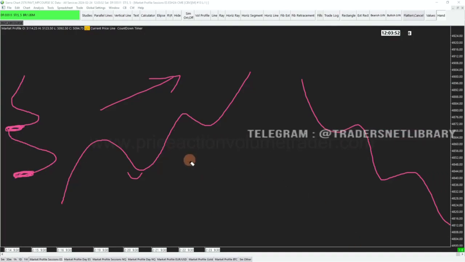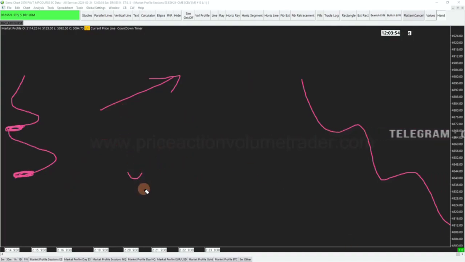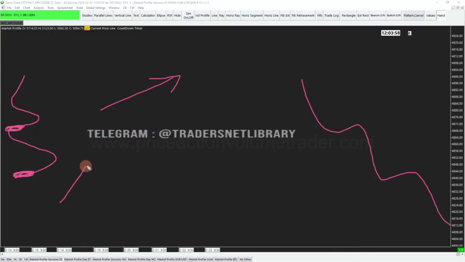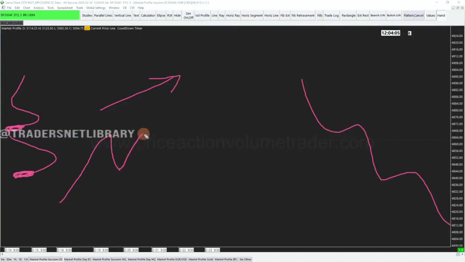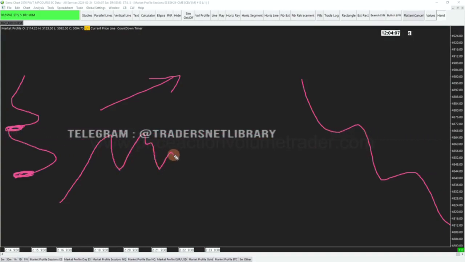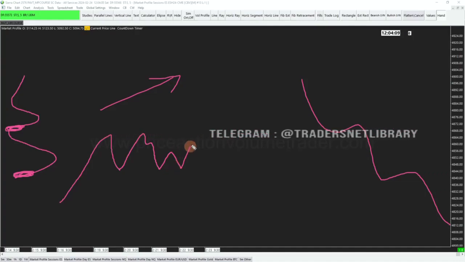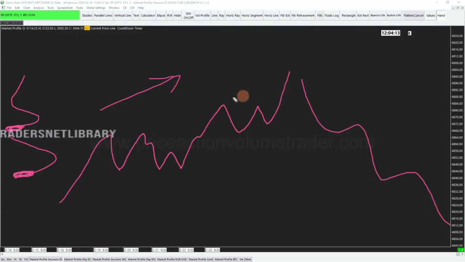Sometimes we'll get something more like this, because remember, this is going to take some volume and time to develop. Maybe we come several times into this level, and then we finally have our breakout.